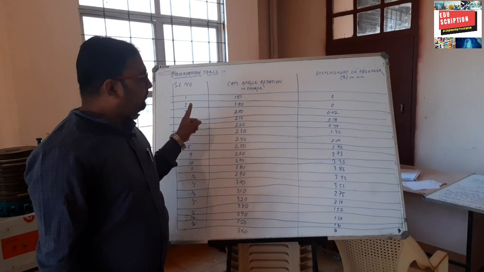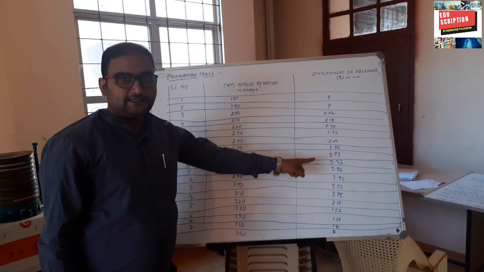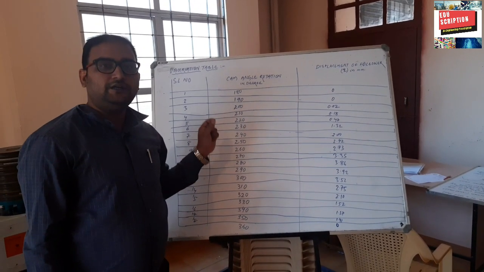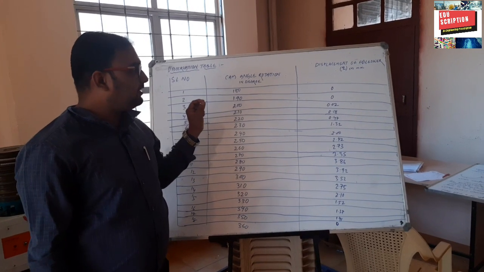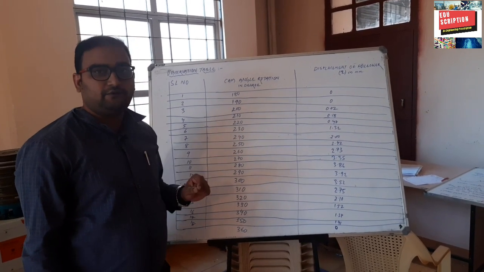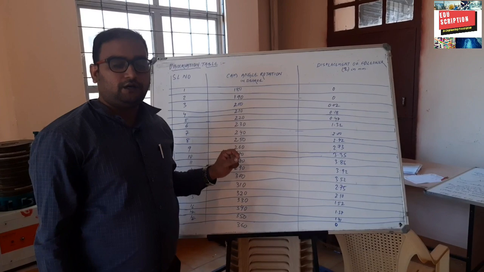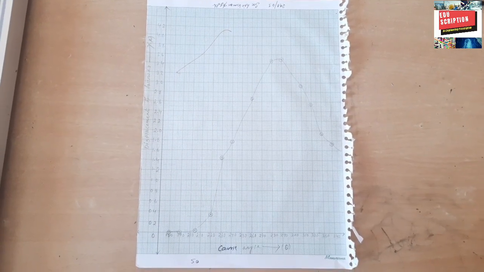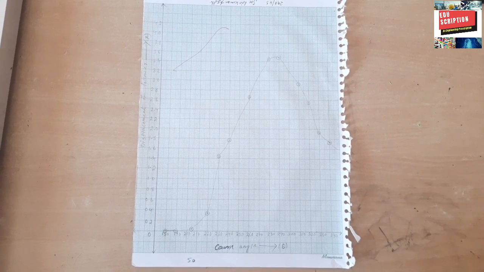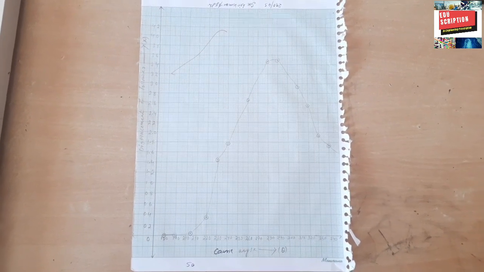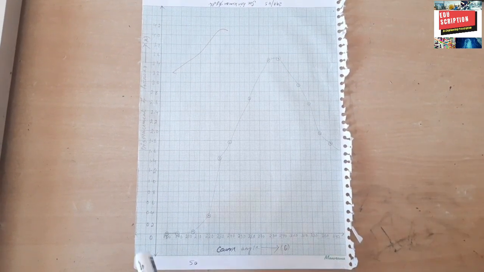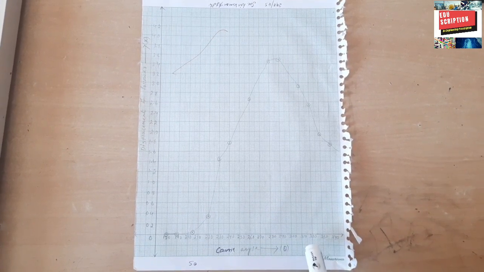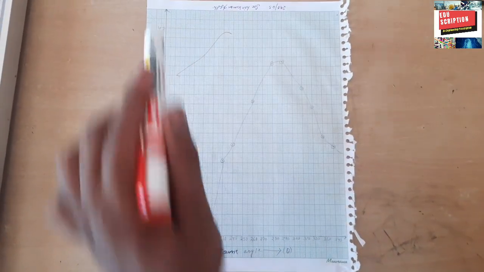Now by taking this data, we are going to draw the cam angle rotation versus displacement of the follower curve in the graph. From the observation table, this is the graph over which we are going to draw the cam angle versus displacement of the follower curve. This one is the abscissa axis and this one is your ordinate axis.